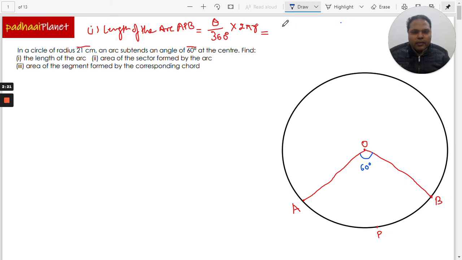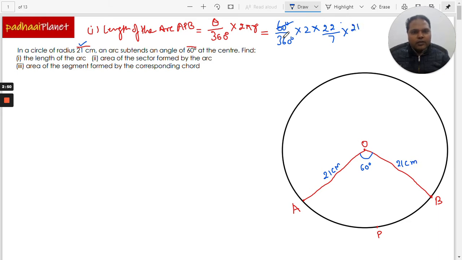So that's 60 over 360 multiplied by 2 multiplied by pi, which is 22 by 7, and r, so r here is 21 centimeters. That means OA is 21 centimeters. Similarly, OB is 21 centimeters, right?